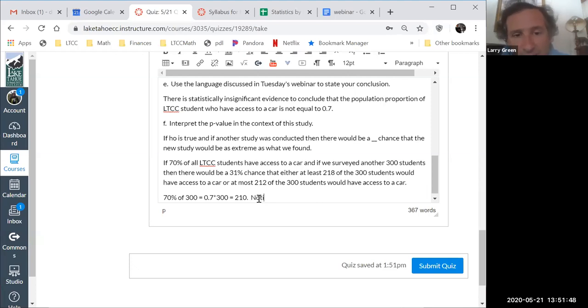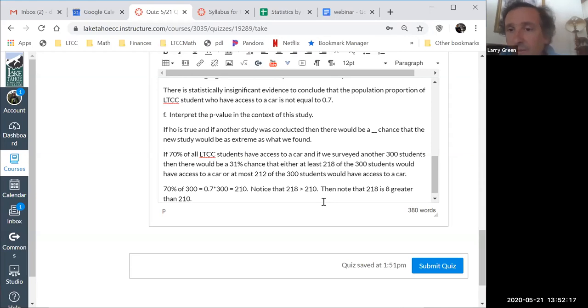Then notice that 218 is greater than 210. So that's why the at least 218, that's the high side. Then note that 218 is not just greater than 210, but 8 greater than 210.